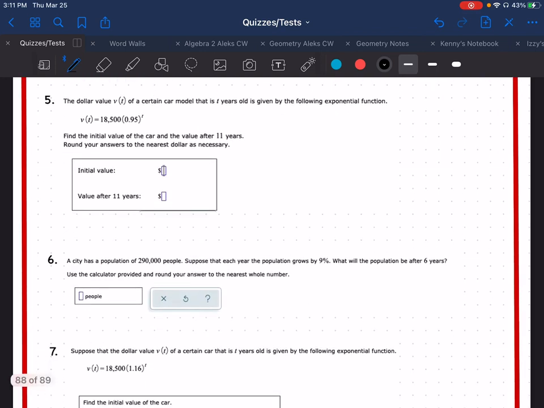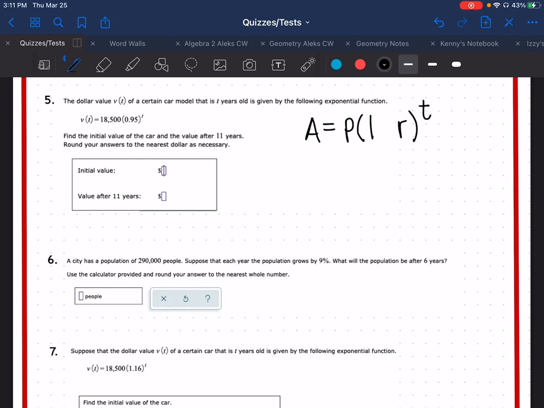All right, starting with number 5, we're going to move into our growth and decay models. So question number 5, the function is given for you, and you're just going to answer some questions. Remember the formula. The formula said A equals P times your rate of either growth or decay to the T power.